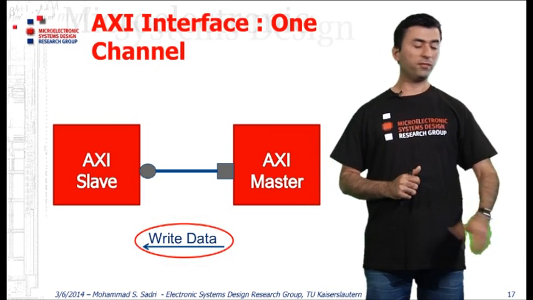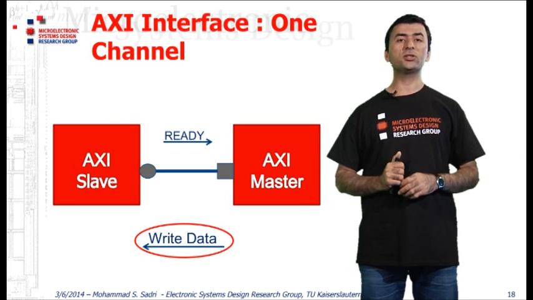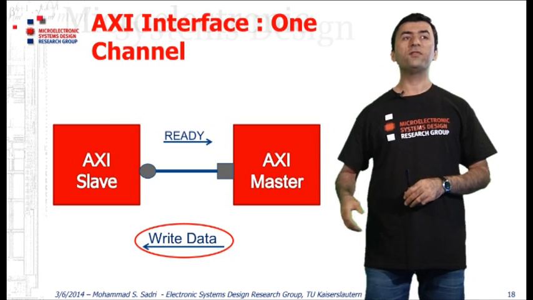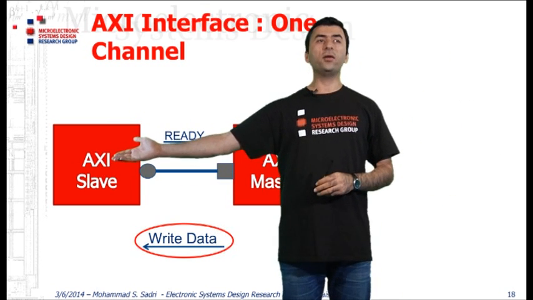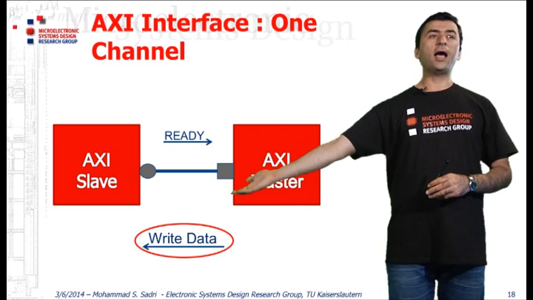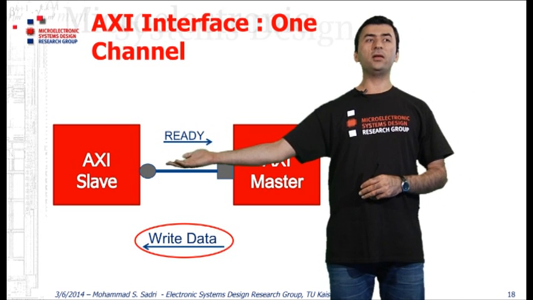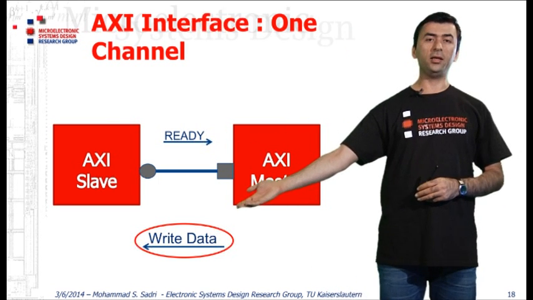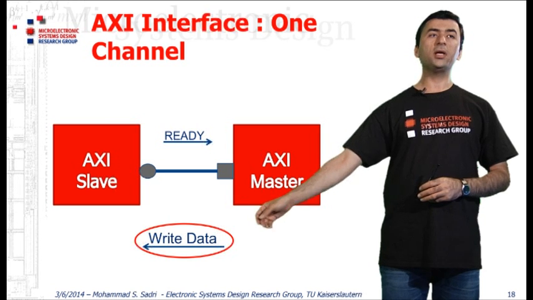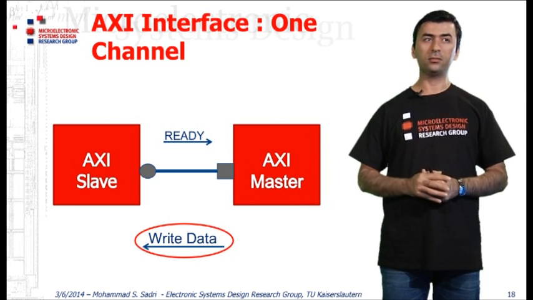If we look, we can see that the basic signals that create each channel are the following. First, from the AXI slave, there is a ready signal coming to the AXI master. This ready signal is indicating to the AXI master that, hey, I am ready, you can begin your operation. You can begin transferring the data.